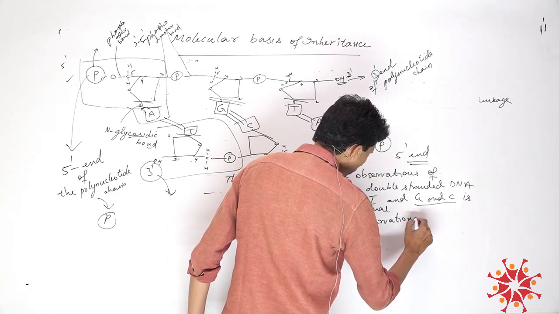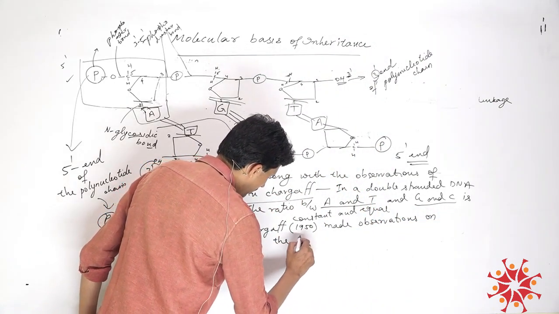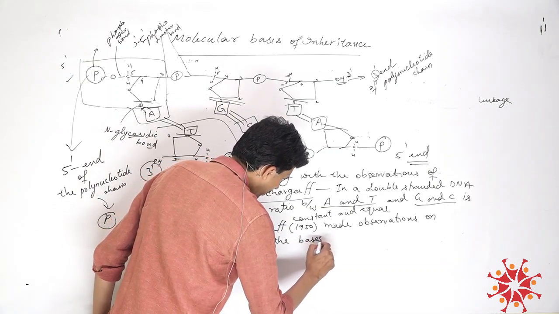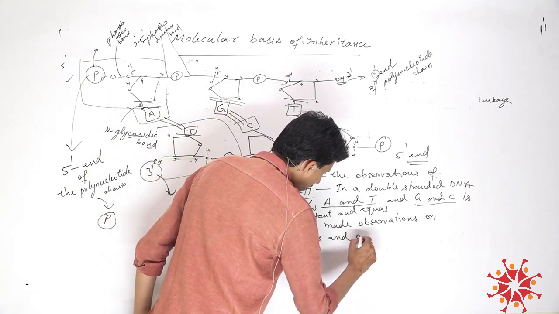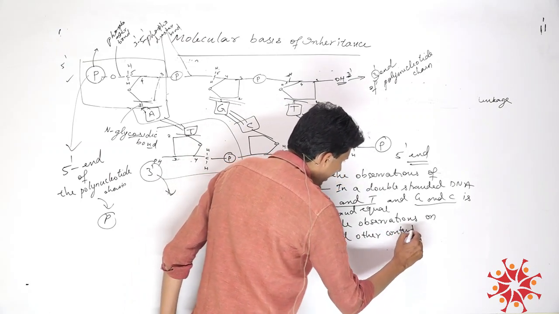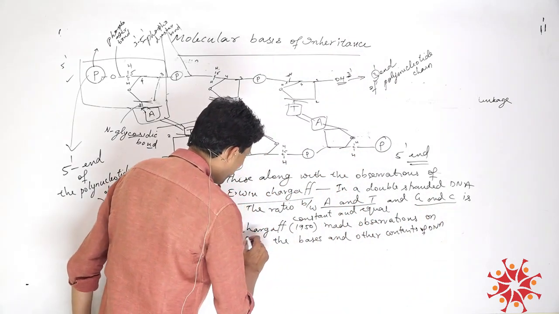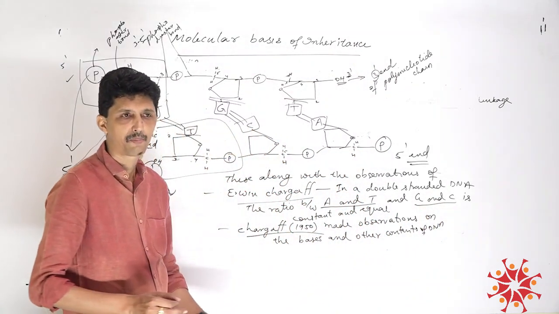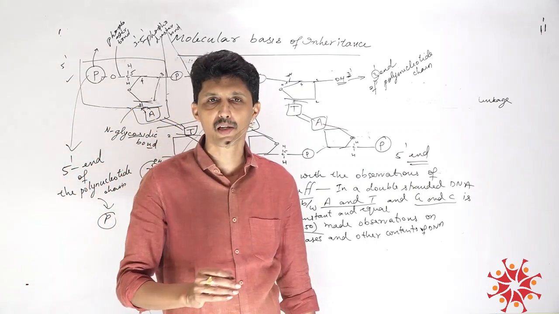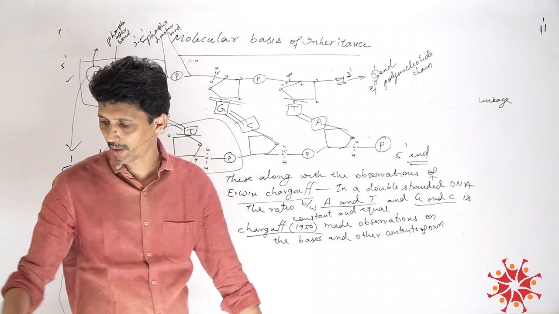He made observations on the bases and other contents of DNA. Right? So this person, Erwin Chargaff, in 1950 made some observations on the base pairing and other contents of DNA.